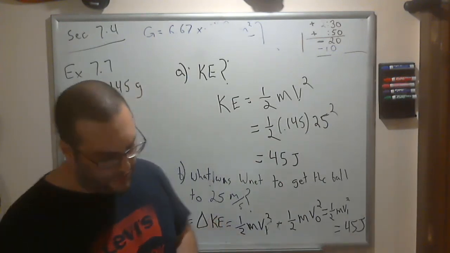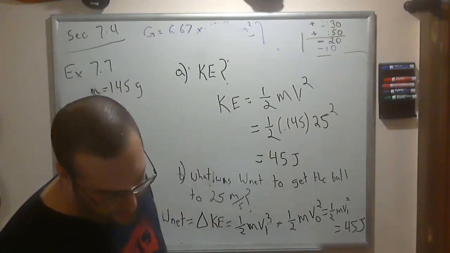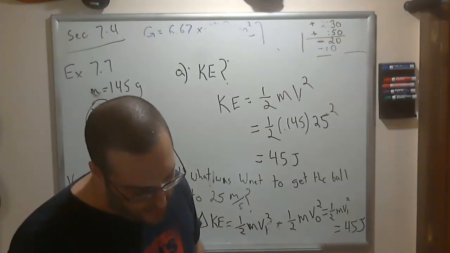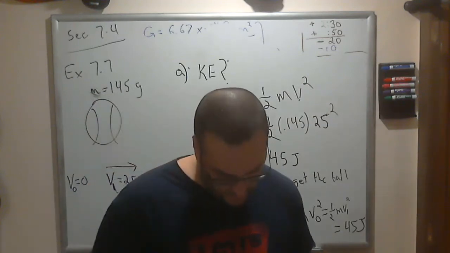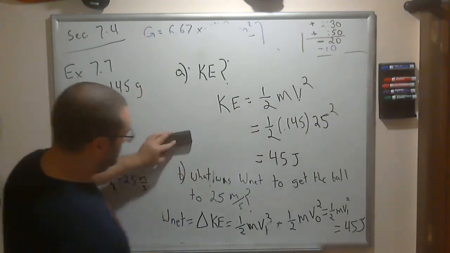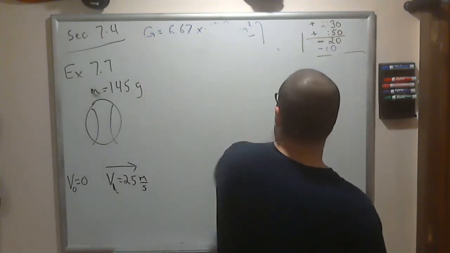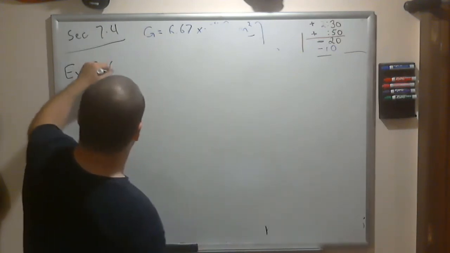Okay, so let's do another simple problem. How much work is required to accelerate a 1,000 kilogram car from 10 to 20 miles an hour? So we want to increase the velocity of the car.